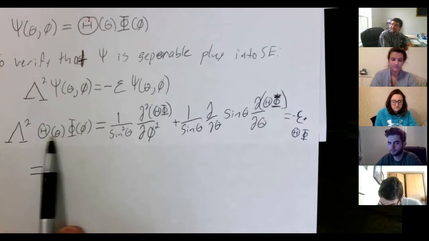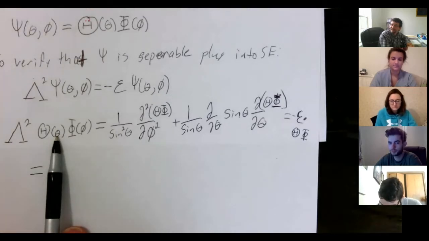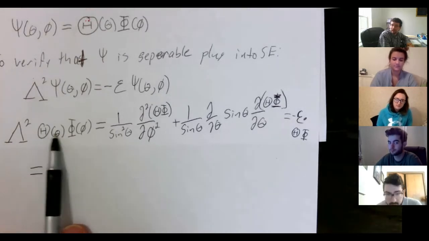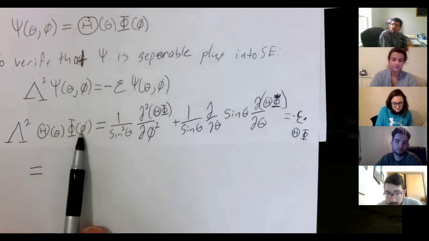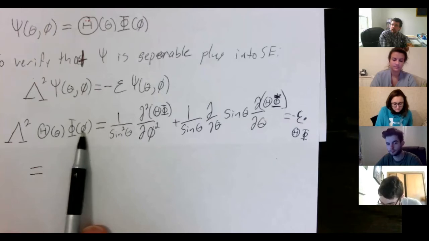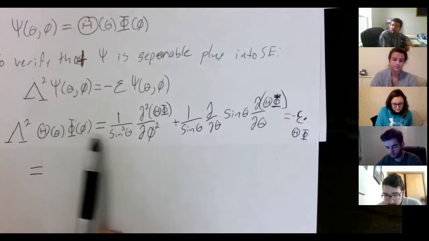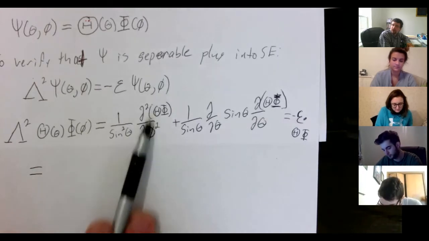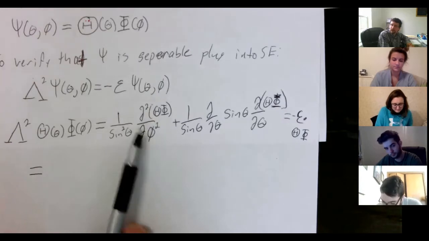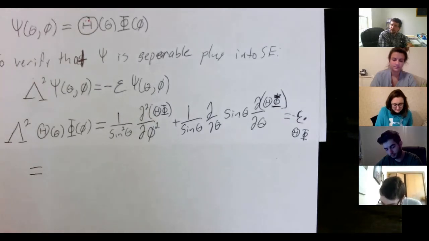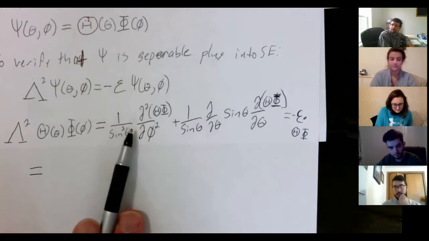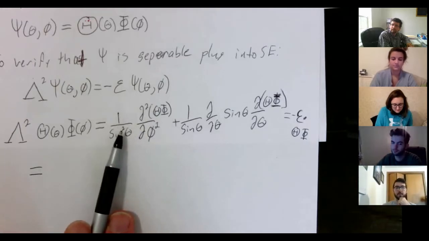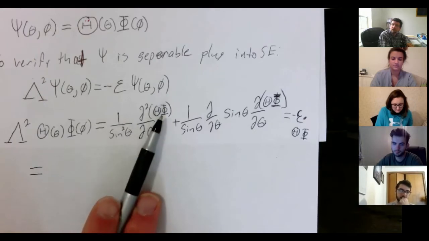Or what's in the brackets here? Theta. So this depends on a differential with respect to little theta. This one depends on a differential with respect to little phi. So looking at this term here, can we simplify that? Is there anything we can pull out in that term?